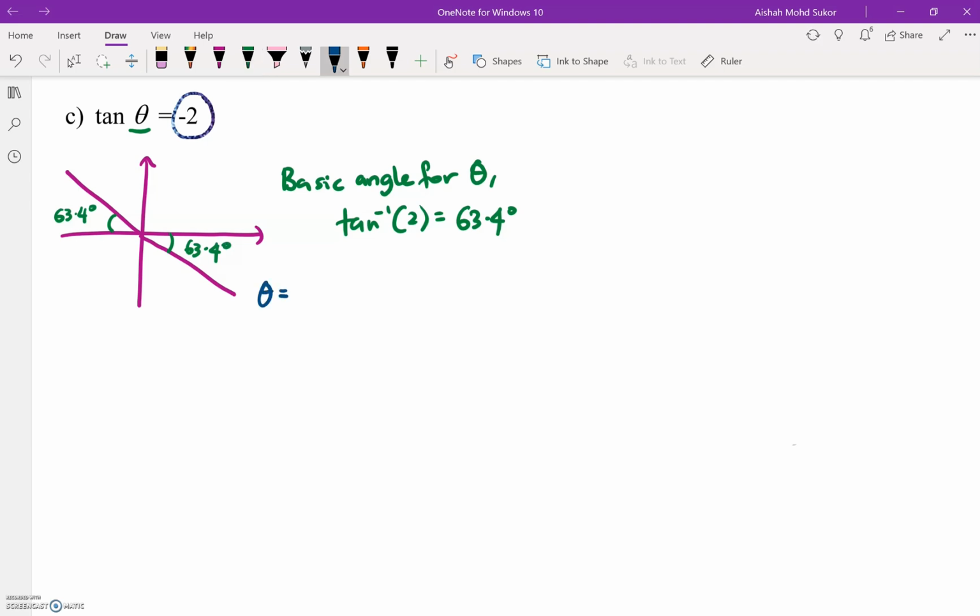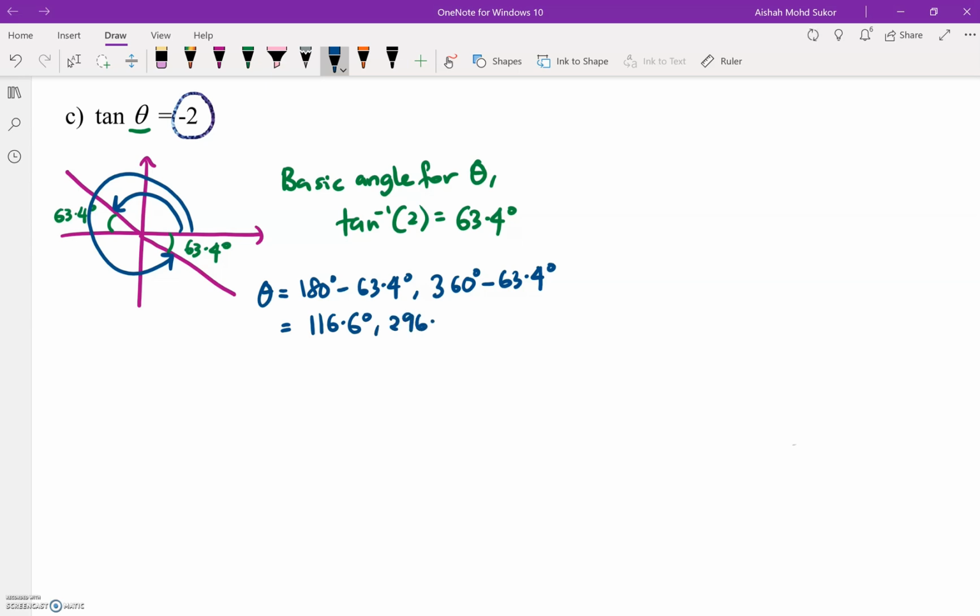Therefore, theta is equal to, in the second quadrant, 180 minus 63.4 degrees. And in the fourth quadrant, it will be 360 minus 63.4 degrees. So the final answer will be 116.6 degrees and 296.6 degrees.